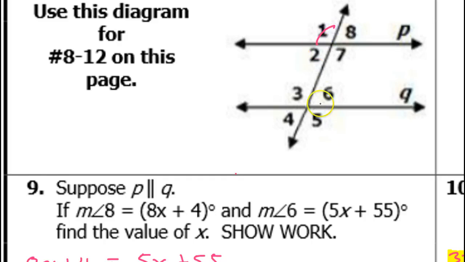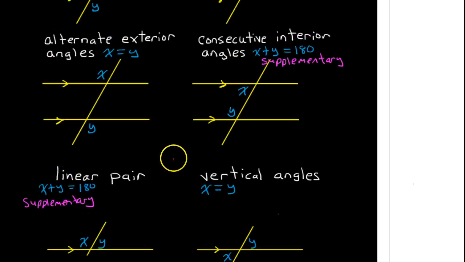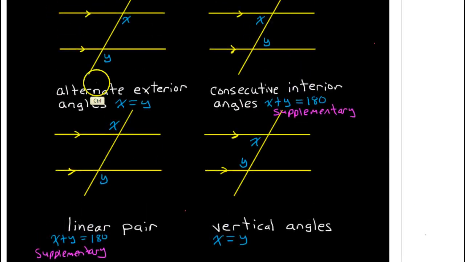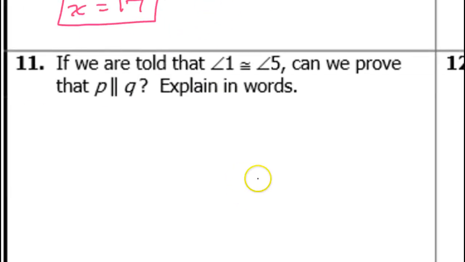Okay, so here's angle 1 and here's angle 5. Those are alternate exterior angles. So those should be congruent if the lines are parallel. So only if the lines are parallel. So if those are congruent, then that does prove that the lines are parallel. But we need to say this out in a couple of complete sentences. We will say yes. Can we prove that the lines are parallel?